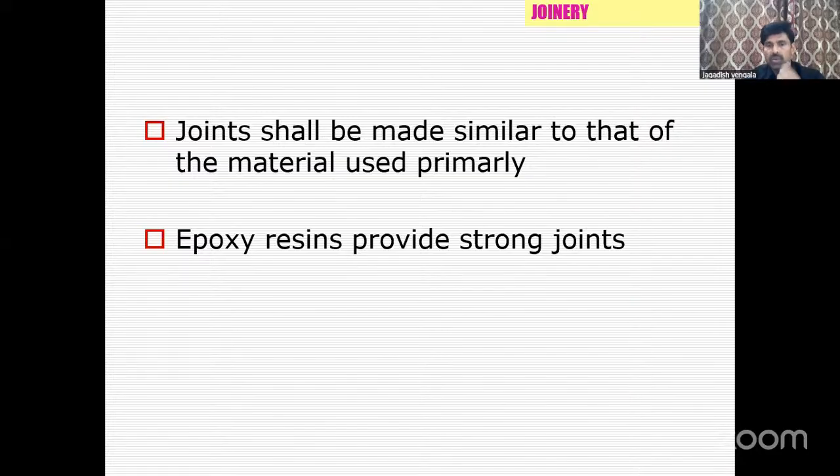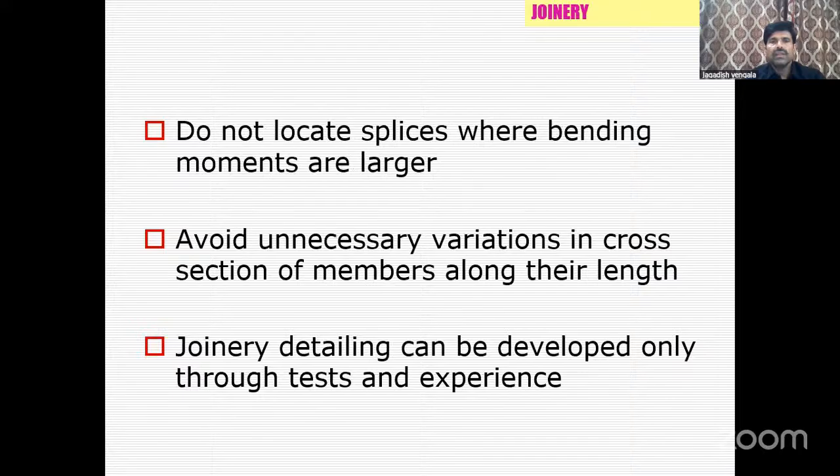That means if you are using rope and you apply epoxy resin, it becomes a stronger joint. And whenever you are putting splices, never locate them where bending moments are larger, and avoid unnecessary variations. Joinery detailing is very important. You have to develop it only through tests and experience. You cannot go with just any kind of joinery.